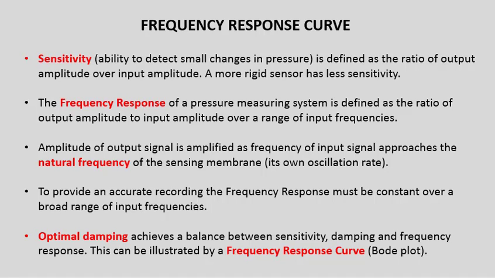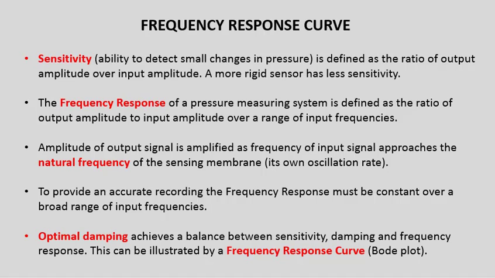Now, sensing membranes have what's called a natural frequency. Think of a gong. If you shock it by striking it with an object like a hammer, it will vibrate at a certain frequency. And the frequency will depend on the size of the gong, the thickness of the gong, the material it's made from, whether it's plastic, wood, or metal, the size of the hammer, the density of the hammer, the diameter of the gong.